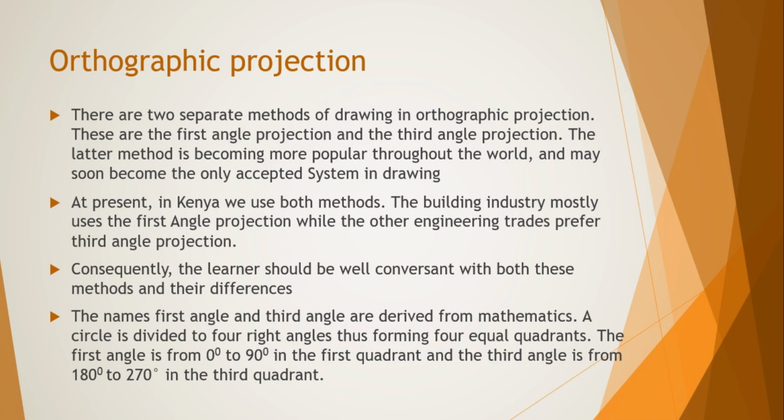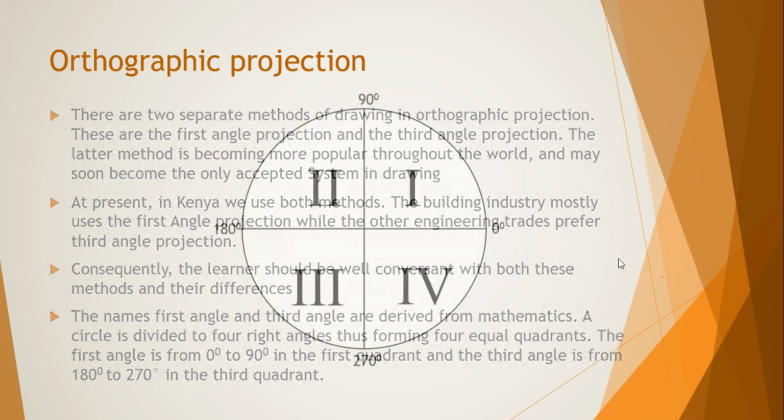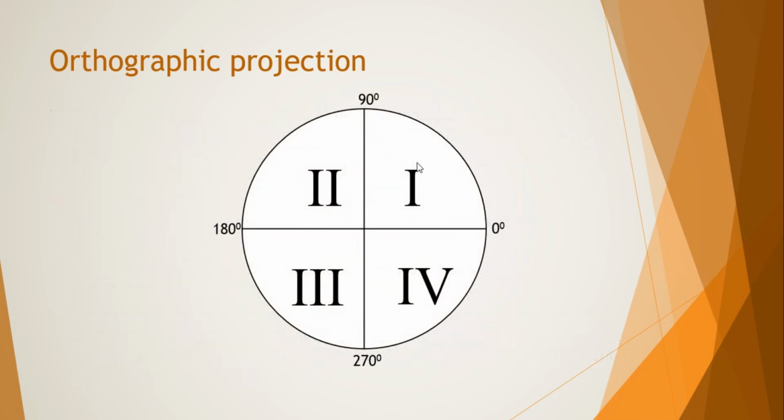So we are talking about first angle and third angle projection. Where do these names come from? They are derived from mathematics, where a circle is divided into 4 quadrants. In first angle orthographic projection, the object or model being viewed is placed in the first quadrant, while for third angle orthographic projection, the object is placed in the third quadrant.